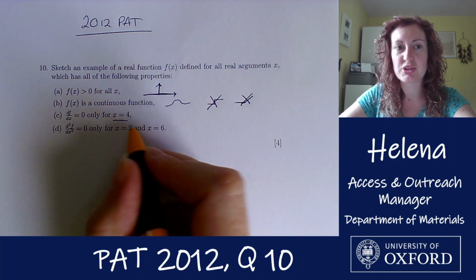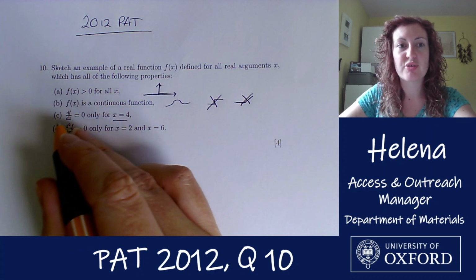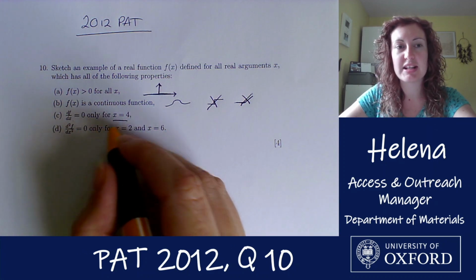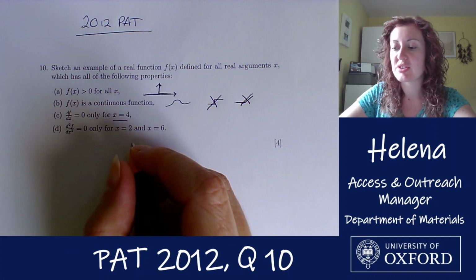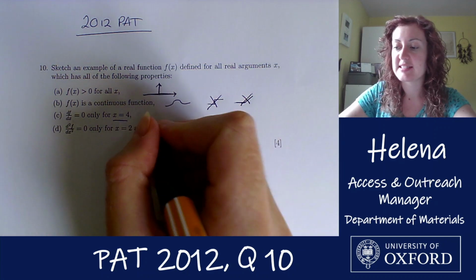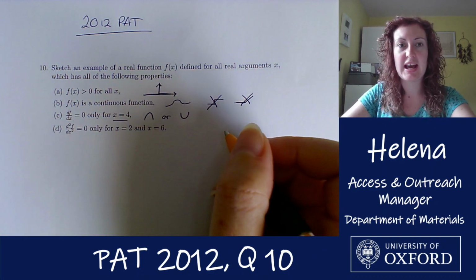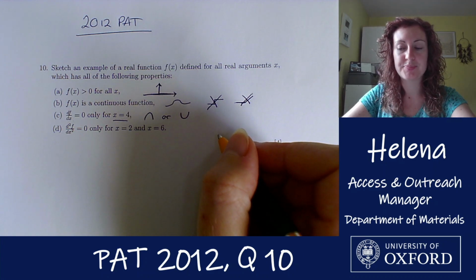For that, we'd want to know the second derivative of the function at this point. So from this statement here, C, we can deduce that we have some form of turning point at x equals 4, whether that's a maximum or a minimum.